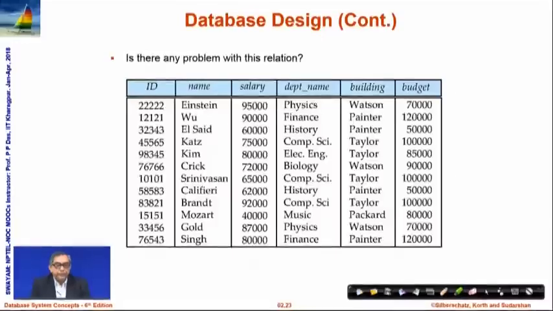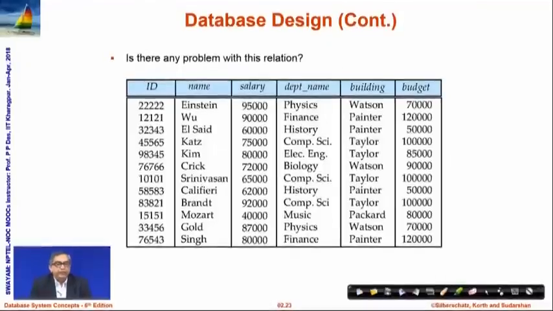Here we are showing an example table. It has multiple fields. It is just an expanded form of the instructor table you saw earlier. It is expanded with the department's name and the building in which it is housed.